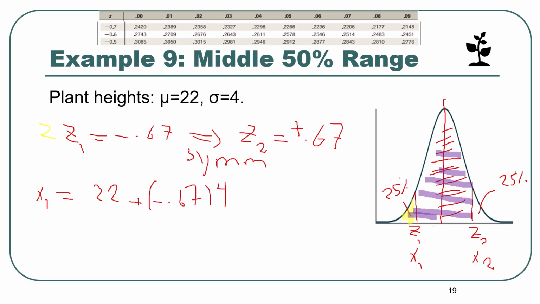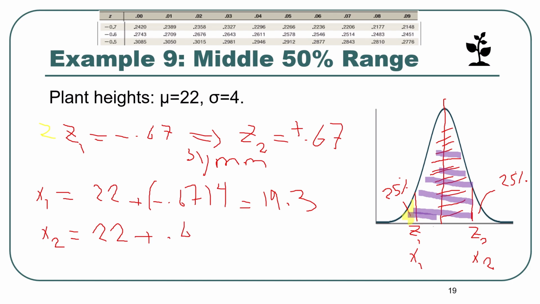So it's 22 minus 4 times 0.67, and this will give me 19.3 centimeters, while x2 is exactly the same, but the sign of the z is positive.